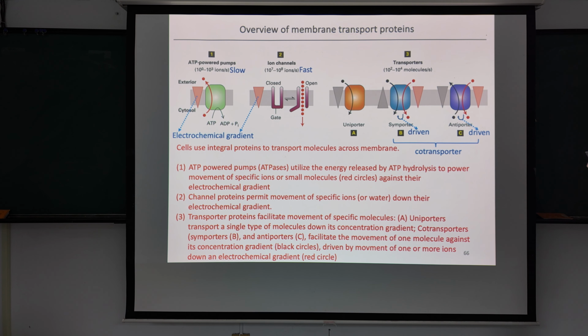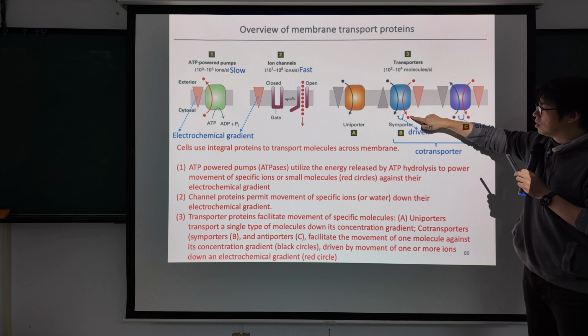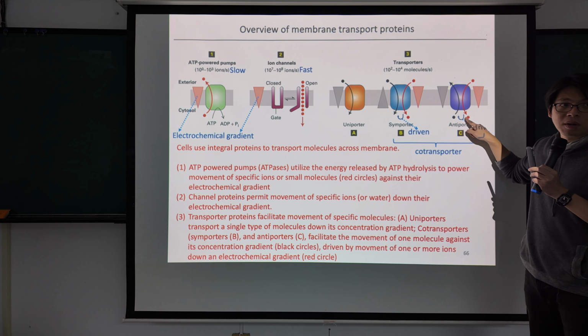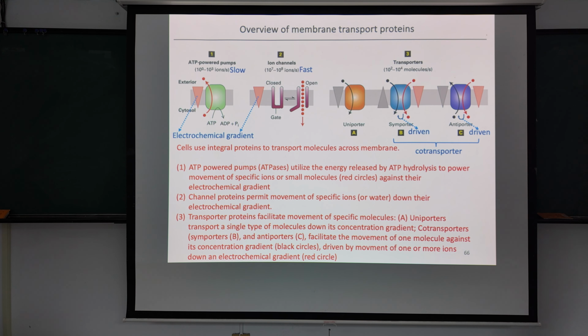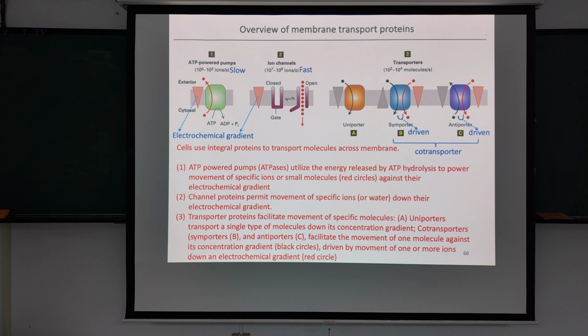Okay, these two and these need energy, but they use different energy sources. The pumps get it from ATP hydrolysis, and for the co-transporter, the energy comes from the molecule they transport, for example, the red molecules.